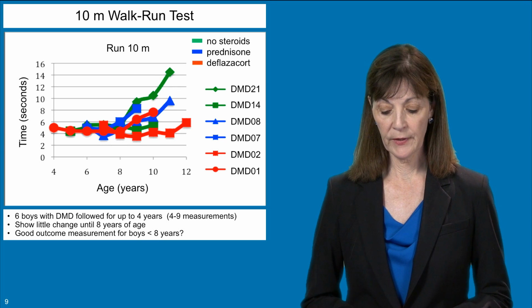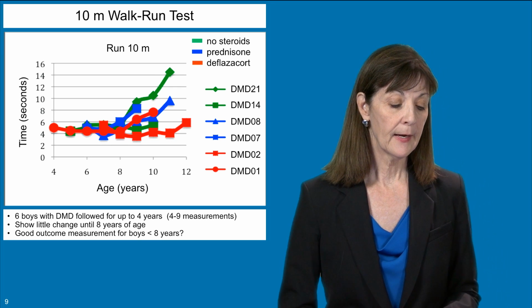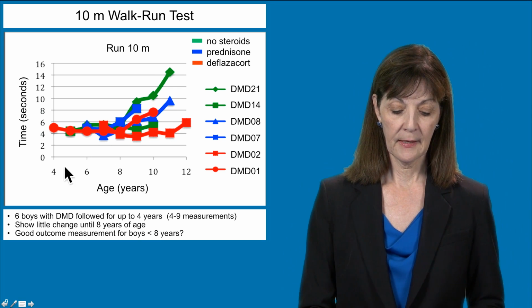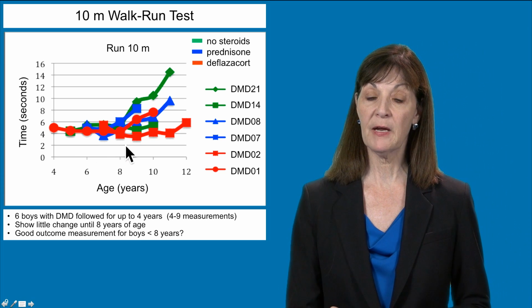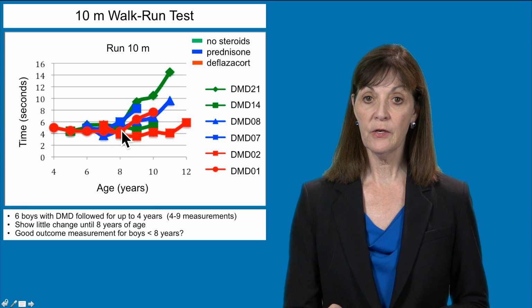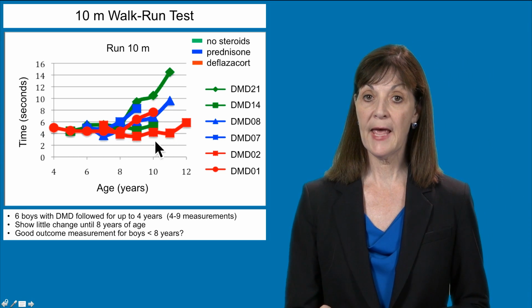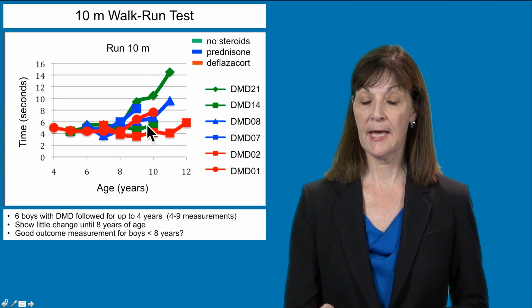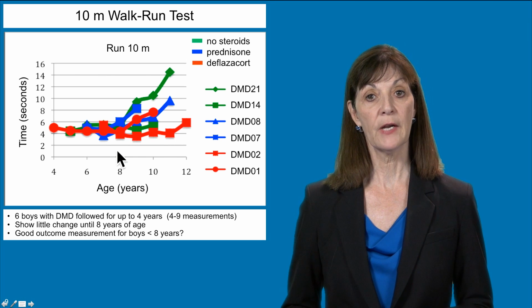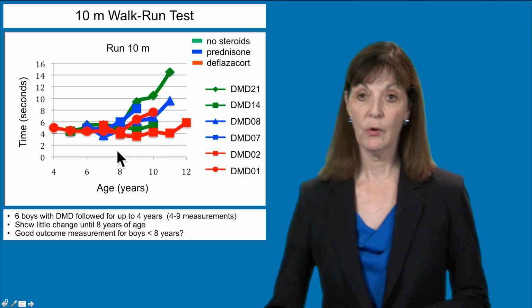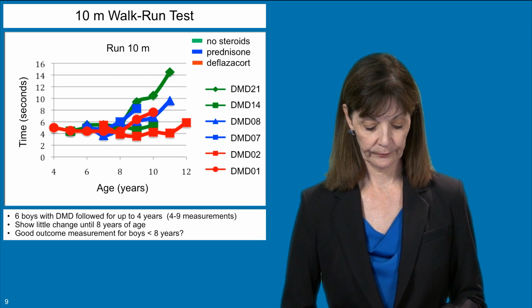And you see that each boy is plotted, and if we look at it from 4 to 8, we really don't see very much change. But at about 8 years old, we see a divergence where all the boys start to slow down. It takes them longer to complete this test. So this really doesn't seem to be a very good outcome measure for boys who are younger than 8 years of age.